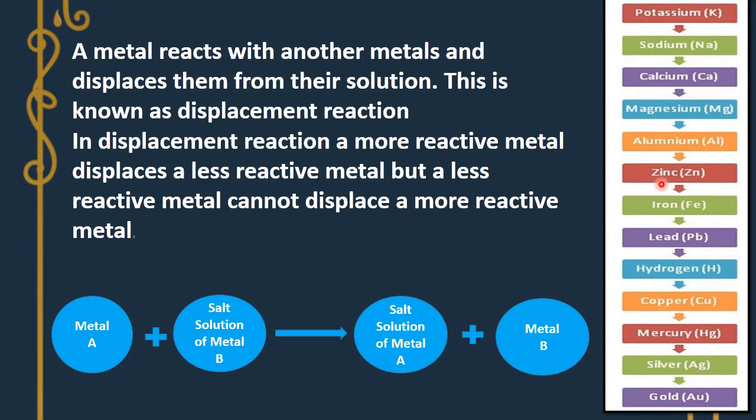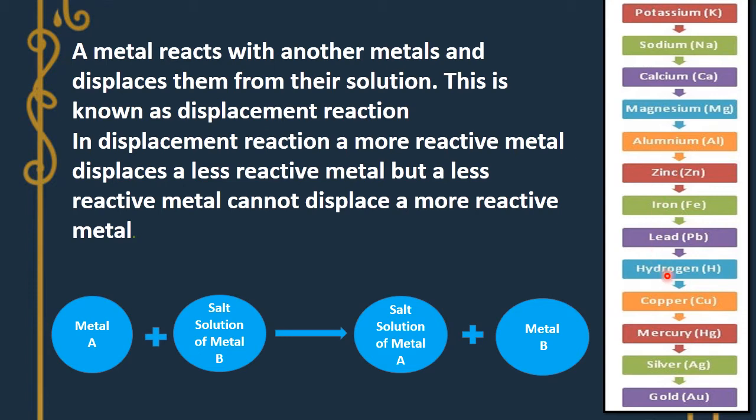This reactivity series also helps us to understand the chemical properties of metals reacting with water, oxygen and acids. There also, the metal which is in a higher position will react with water, oxygen or acid faster as compared to the metal in a lower position.